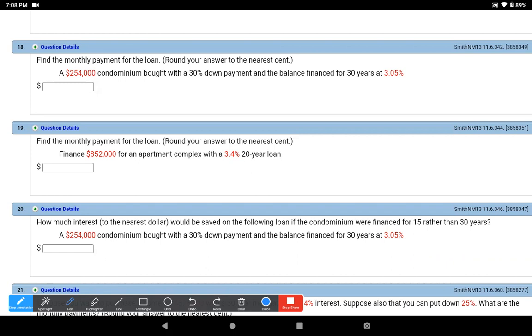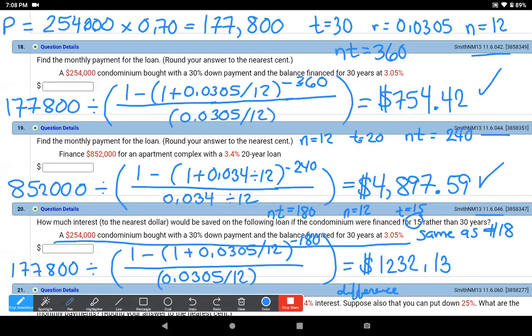They did find the difference between the two. Let's see. I'm going to put that stuff back up there for a second.